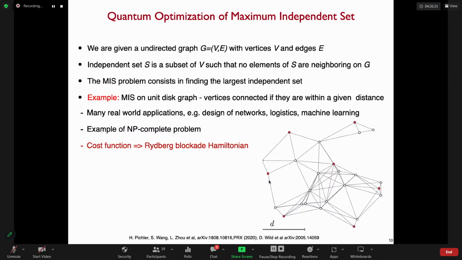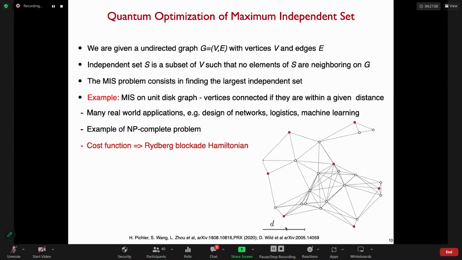But moreover, if you followed my talk up to now, you will realize that this problem has a very intrinsic connection to the Rydberg blockade. In particular, the cost function of this problem corresponds to the classical part of the Rydberg Hamiltonian. Remember, in this Rydberg blockade Hamiltonian problem, you would like to excite as many atoms as possible, but you cannot excite atoms which are within the Rydberg blockade constraint.